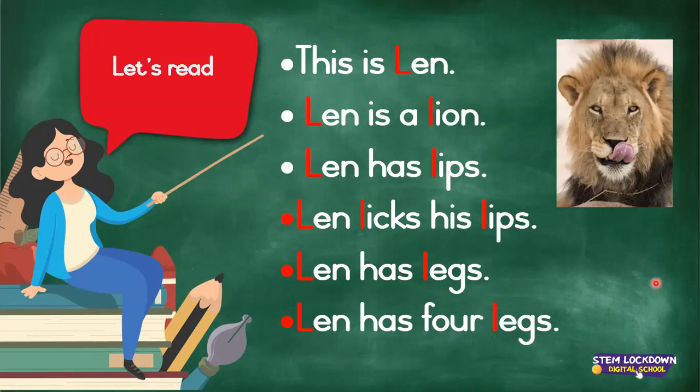Wow, you are reading so beautifully. What about if we try to read this together? 1, 2, 3. Can you see my little red light? You follow that and we read it all together. 1, 2, 3. This is Lynn. Lynn is a lion. Lynn has lips.